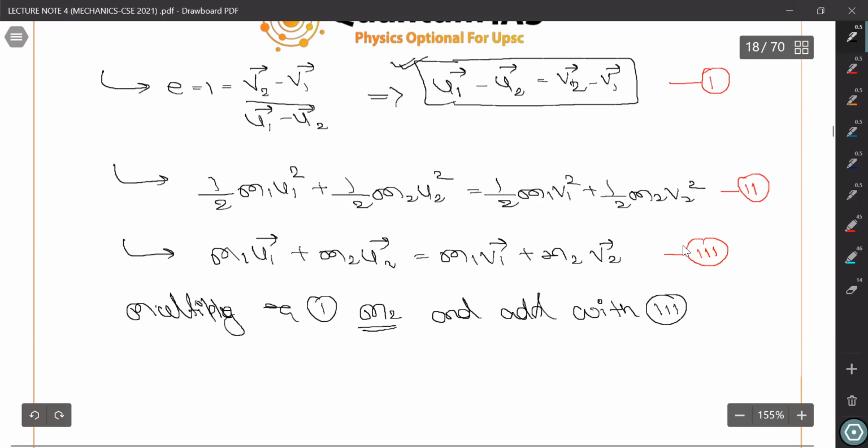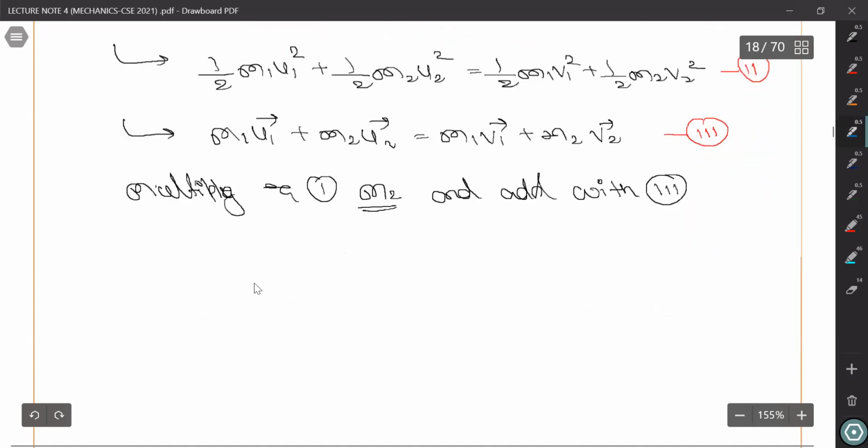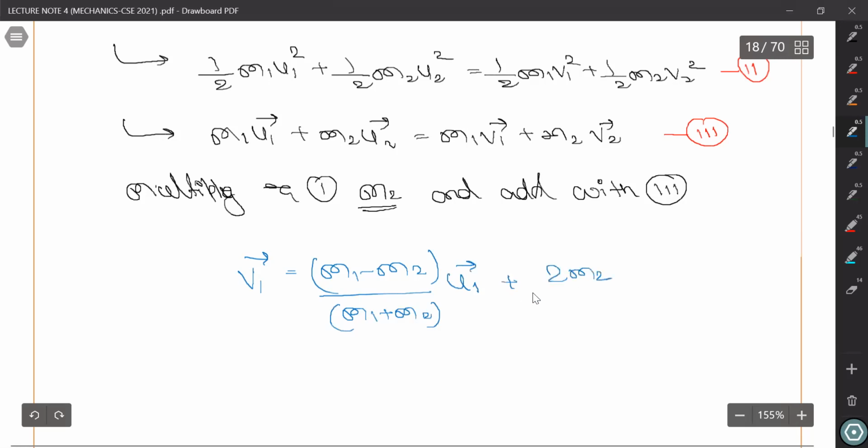And so from here we can write v1 equals m1 minus m2 upon m1 plus m2 into u1 plus 2m2 upon m1 plus m2 into u2.